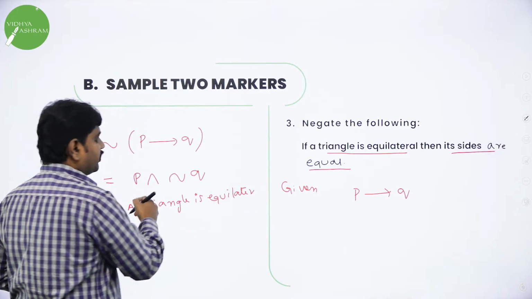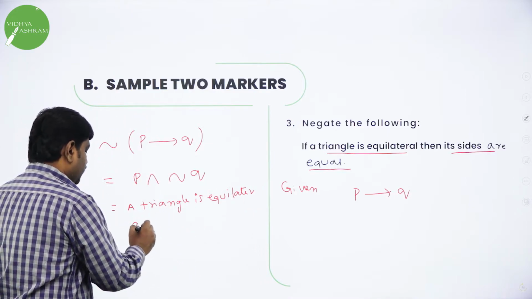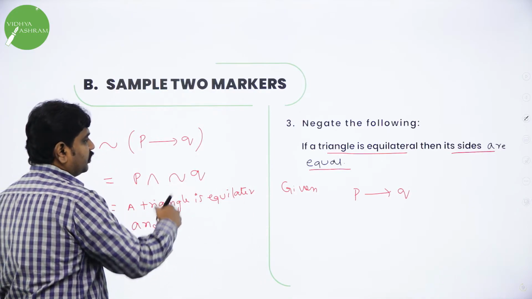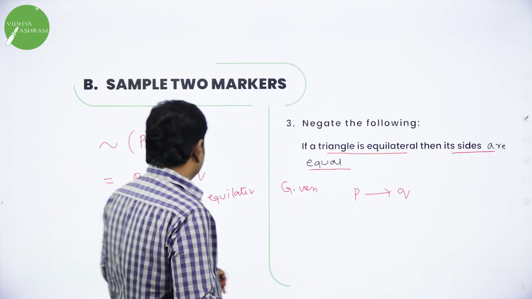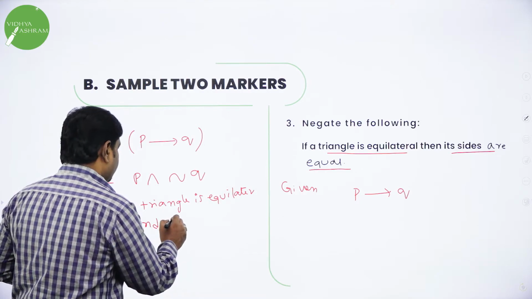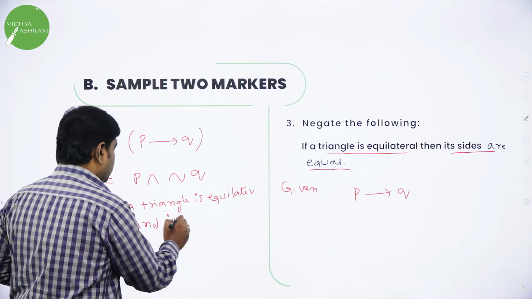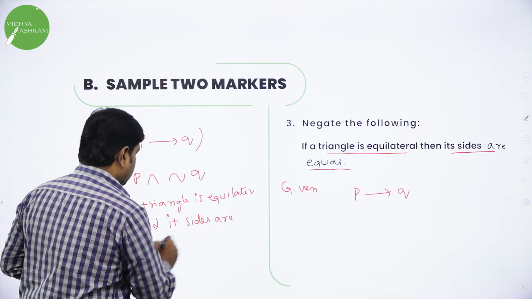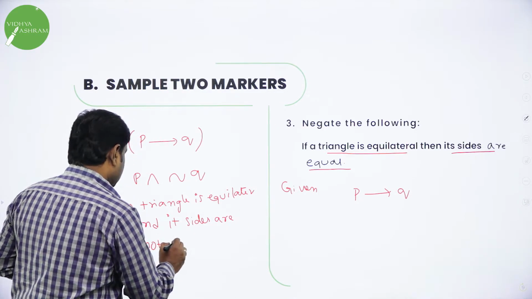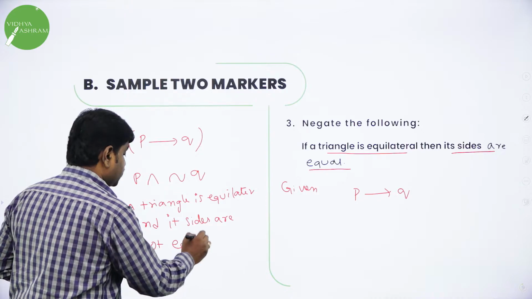I am writing the verbal form. And not Q. Q is what? Its sides are equal. So not Q means its sides are not equal. So this is the answer for the given statement.